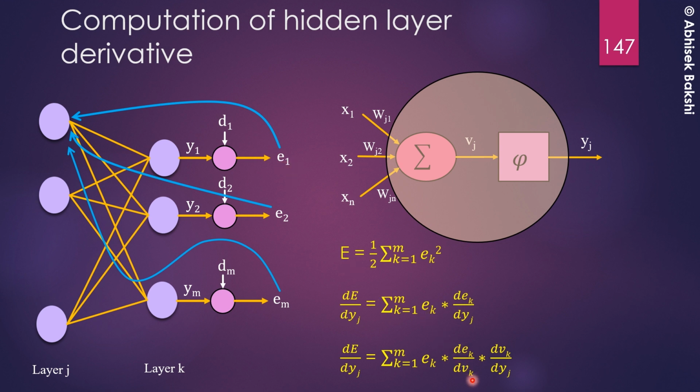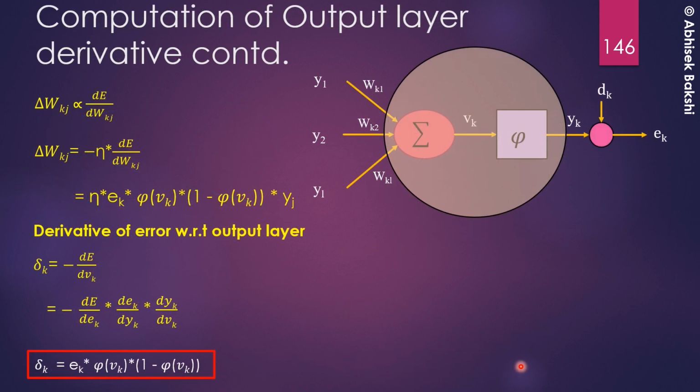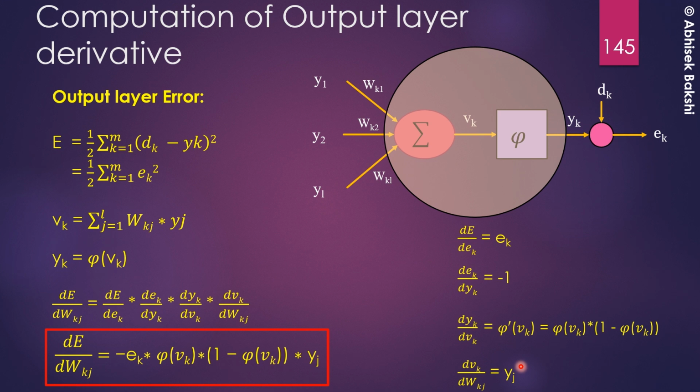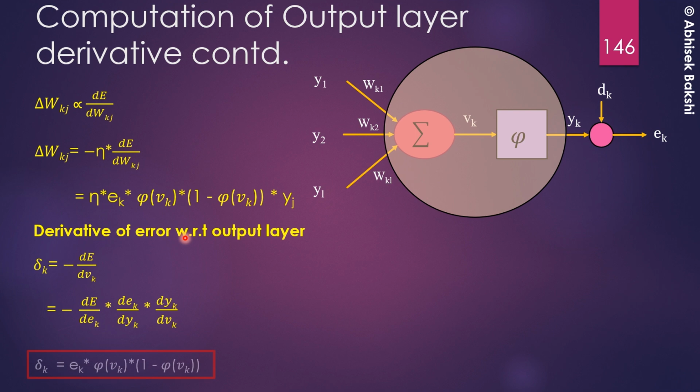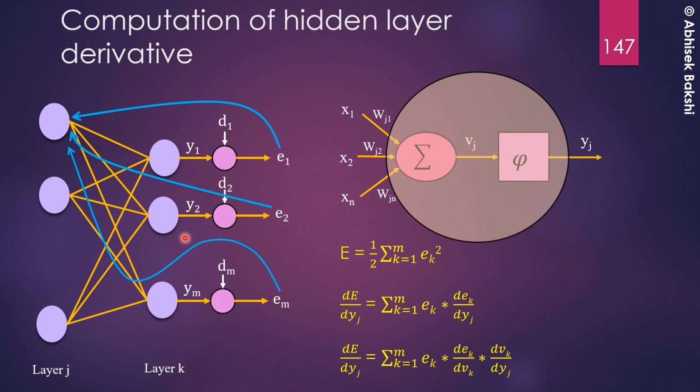I can calculate that, and that vk should be some function of yj, because we have seen in the previous one that vk is some function of yj also, right? So we can try to compute this one.